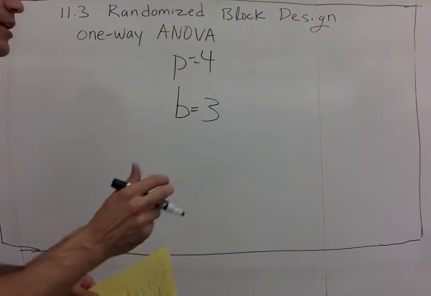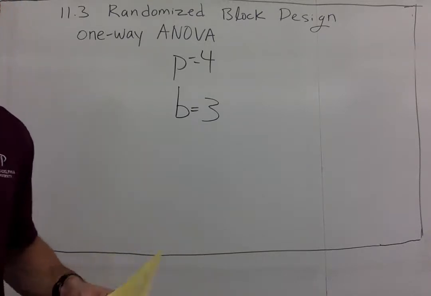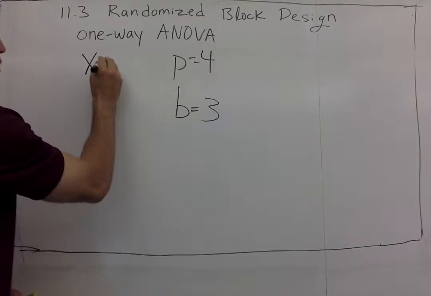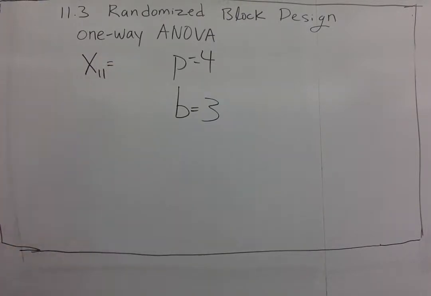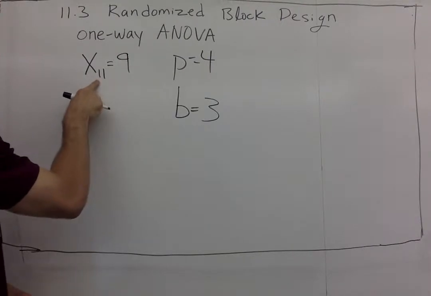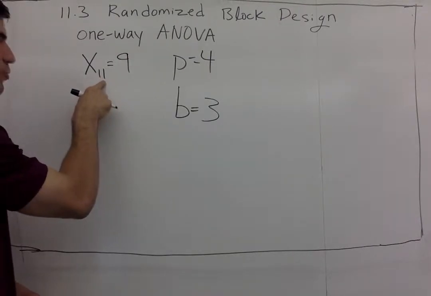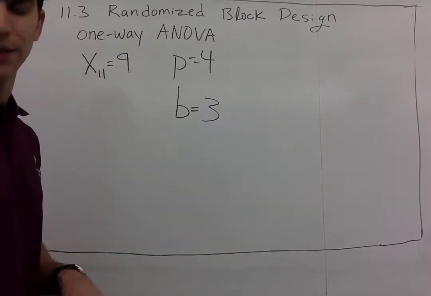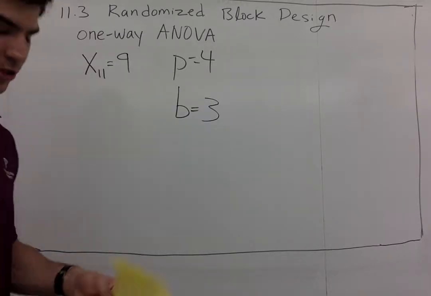So the notation, if you're looking at the spreadsheet, X11. The spreadsheet has that as 9. So this is production method 1 under supervisor 1, and they had 9 defects. You can see this in the table in the Excel spreadsheet.